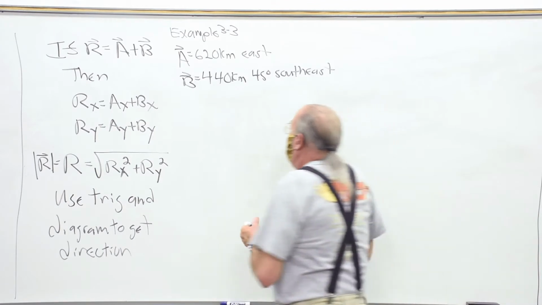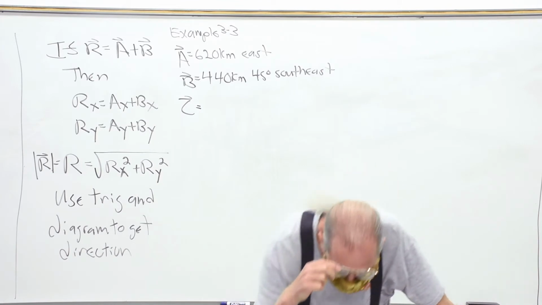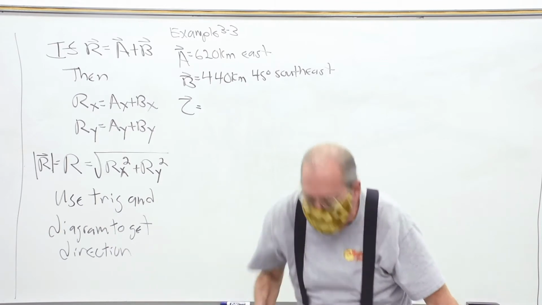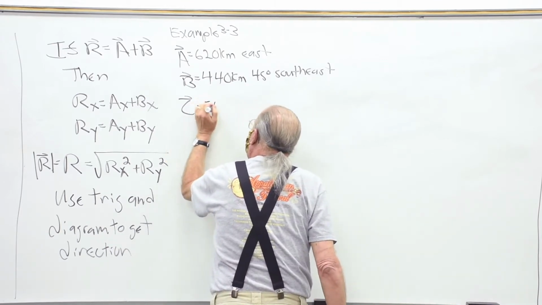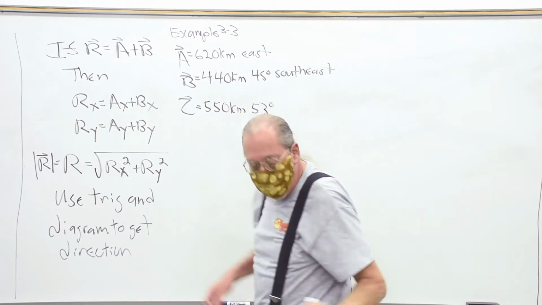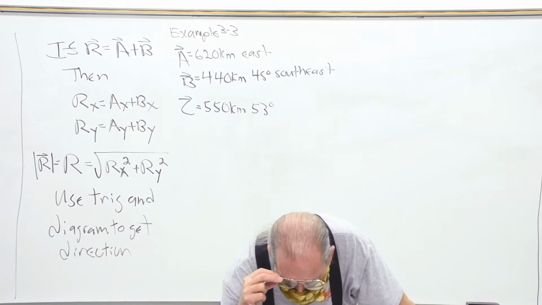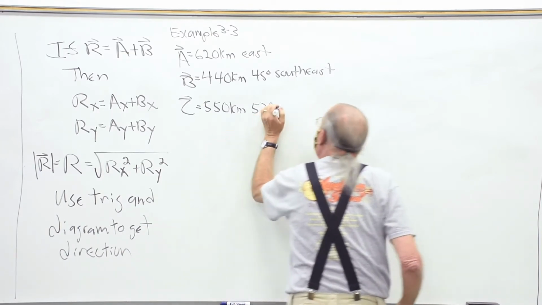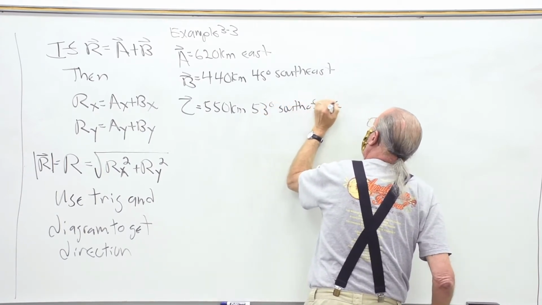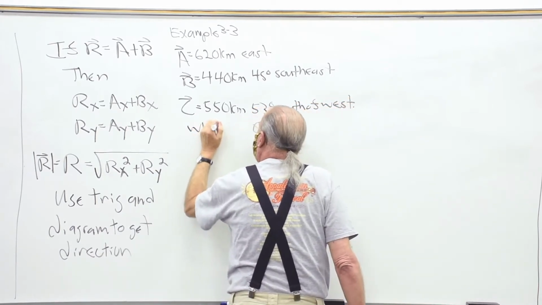All right? And then the third leg of the trip is 550 kilometers, 53 degrees south of west. Got to be careful here to get it right. All right, what is the resultant?